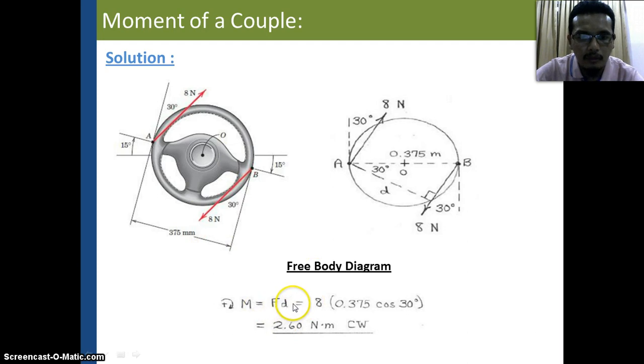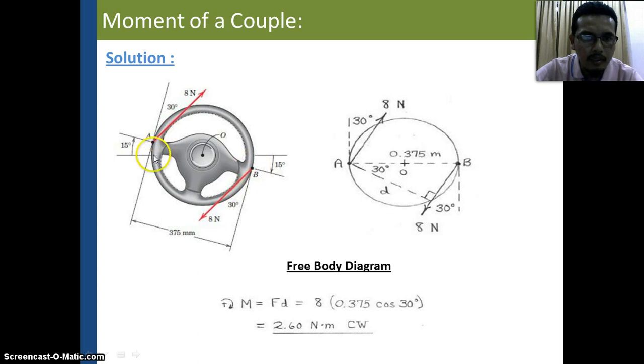So the moment is equal to force multiplied by distance. The force is 8 Newton. So we need to find the perpendicular distance. From here to here is the diameter, 0.375, but what we need to find is the distance between these two forces.